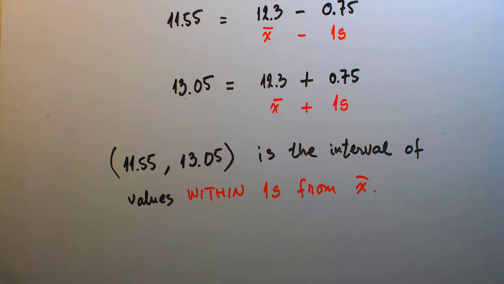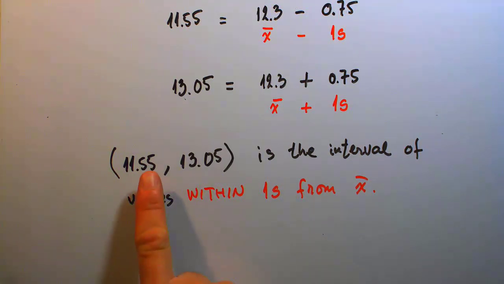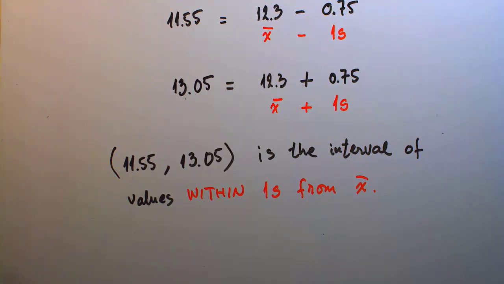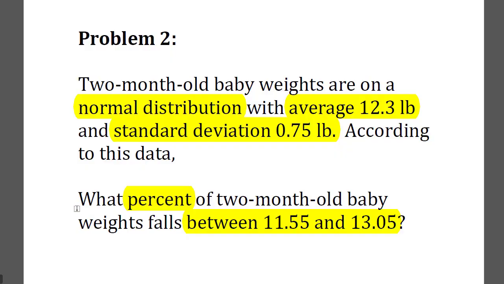We now realize the nature of this interval: it takes values within 1 standard deviation from the mean. But so what? We haven't found the answer to our question. Back to the slides on the board, the question states: what percent of 2-month-old baby weights falls between 11.55 and 13.05?